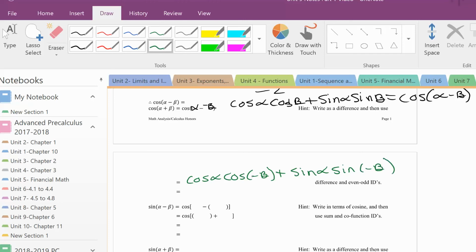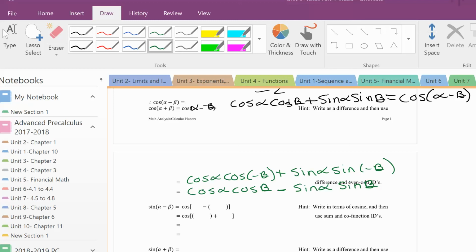Using the even and odd properties, cosine's even, so it's cosine alpha cosine beta, but sine is odd. Careful. So that means you're going to take the opposite, sine alpha sine beta. So that would be cosine of alpha plus beta: cosine alpha cosine beta minus sine alpha sine beta.